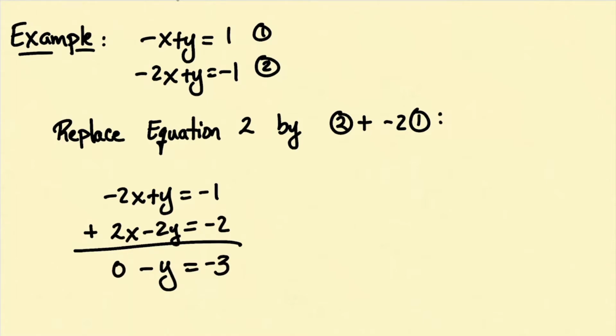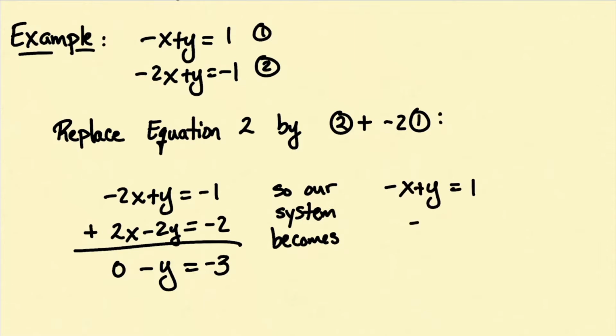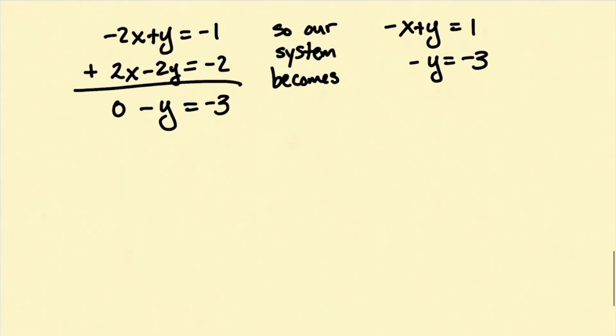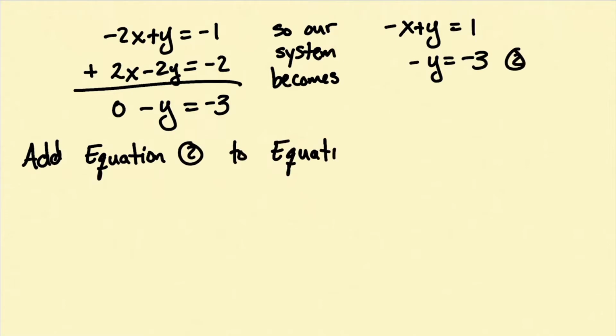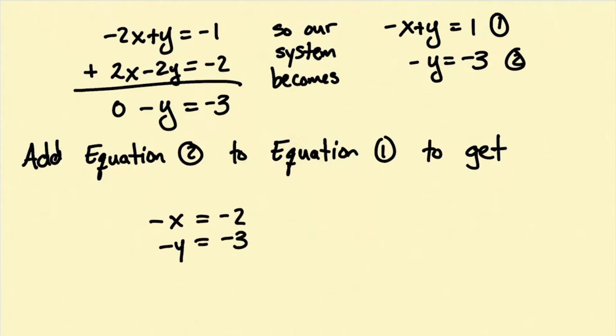So this gives us our new equivalent system, negative x plus y equals 1, and our replaced second equation is negative y equals negative 3. At this point, we can see how to solve this system. The first thing I'm going to do is replace equation 1 with equation 1 plus equation 2.